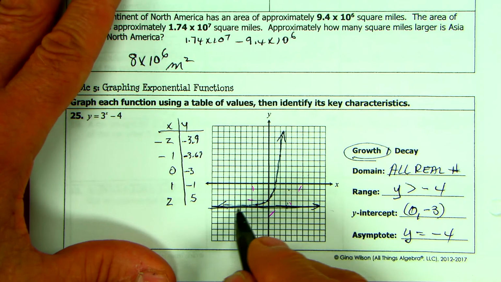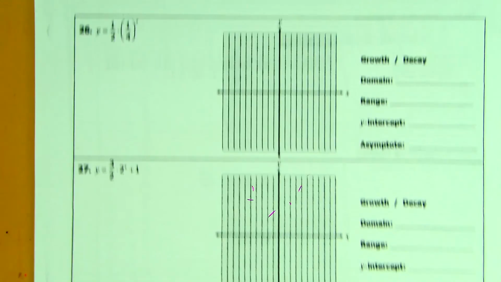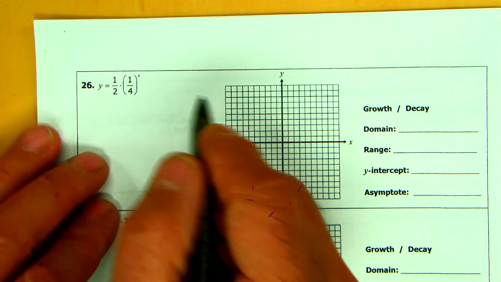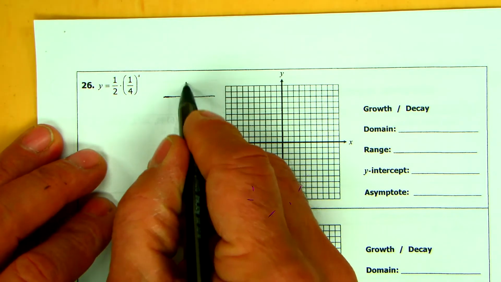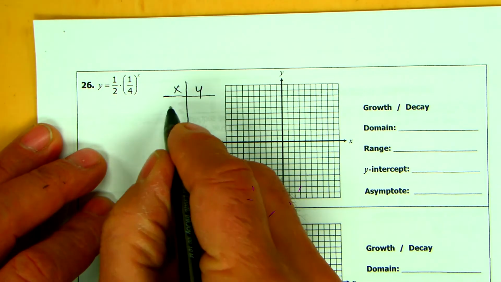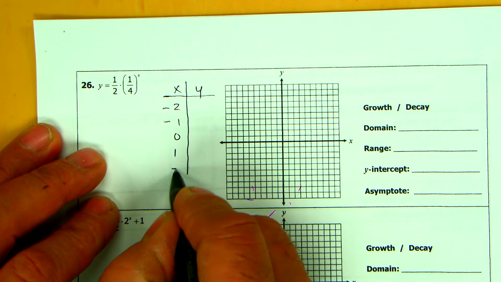The asymptote is at y equals negative 4. This thing approaches negative 4 but never actually touches it. Okay, that's that one. Now let's look at the next one. The next one, we'll again do a table. X, Y, and we'll do the values negative 2, negative 1, 0, 1, and 2.